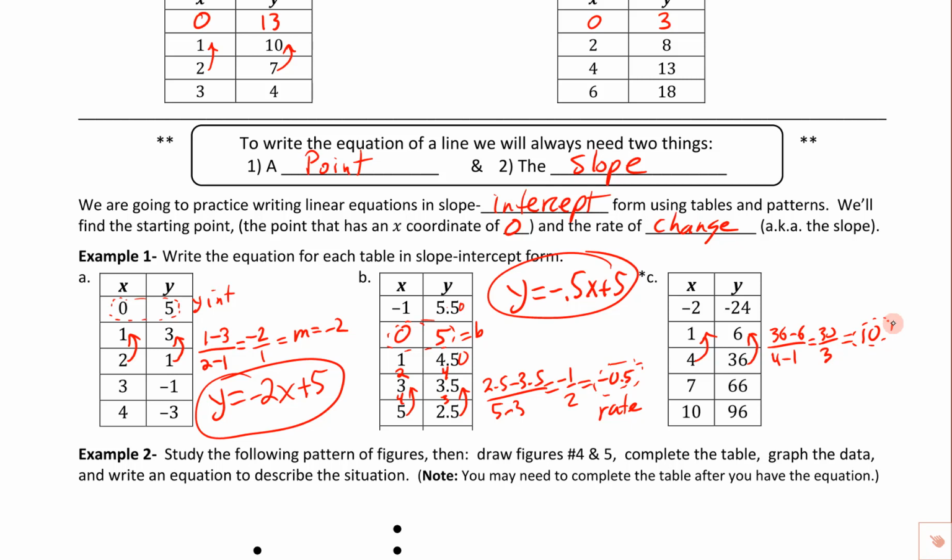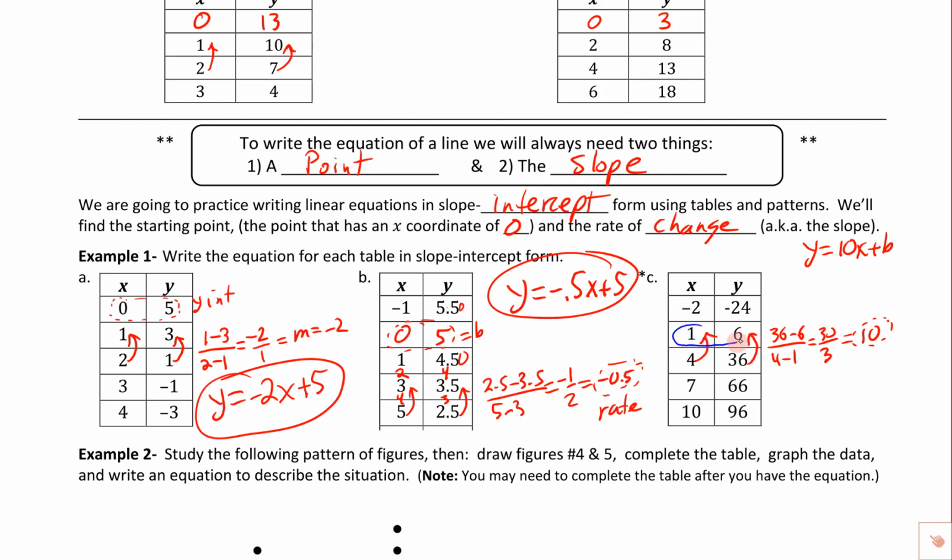Now, in order to find the equation, here's what we're going to need to do. We're going to say that y equals 10x plus b. We don't know what b is, but remember, they've given us a whole bunch of points right here, so we should be able to figure out what that starting point is, what it is when x is 0. The way we do that is we plug in one of these points. I'm going to plug in the easiest one, and I'm going to change colors for this.